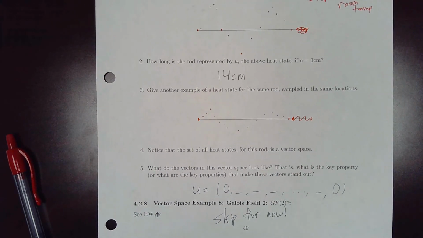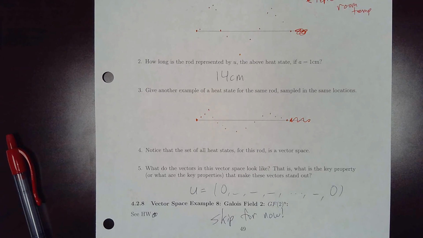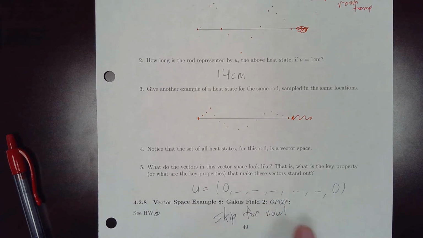So this is going to be a vector space because we could go ahead and add those temperatures. We could multiply them by scalars. We get something that looked like these vectors for our heat states. So the takeaway from this is we have some properties in order to get some vector spaces, and we have some common vector spaces we're going to be working with going forward.